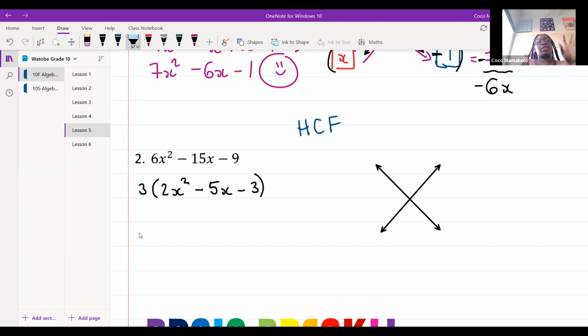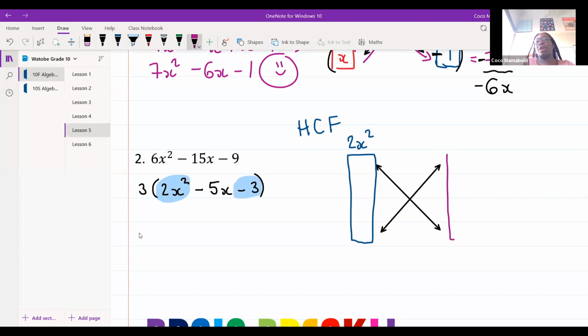Now I have to look at the factors of my first number and my last number. So I'm looking at the factors of 2x squared and the factors of -3. Now on this side of my cross, I'm going to write the factors of 2x squared. And on this side of my cross, I'm going to write the factors of 3.